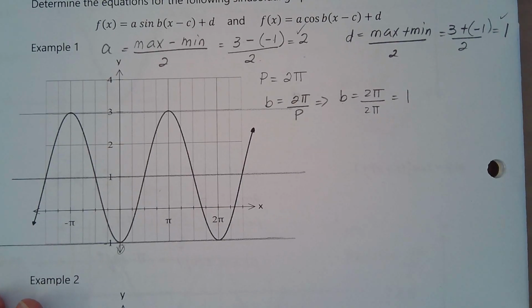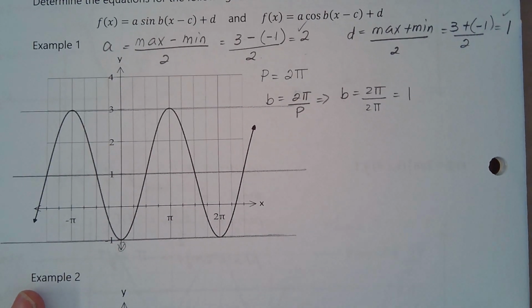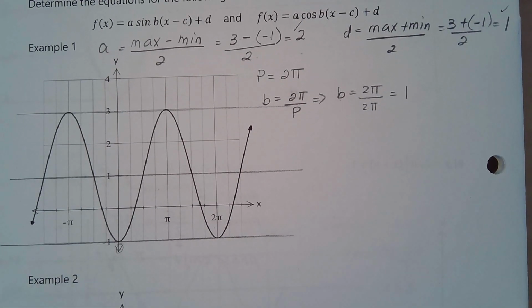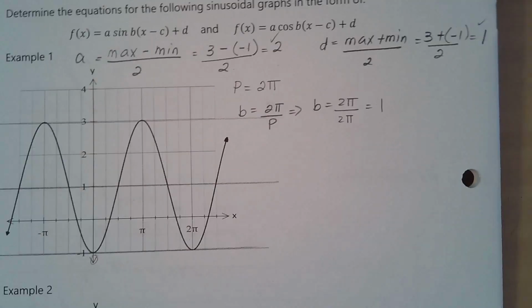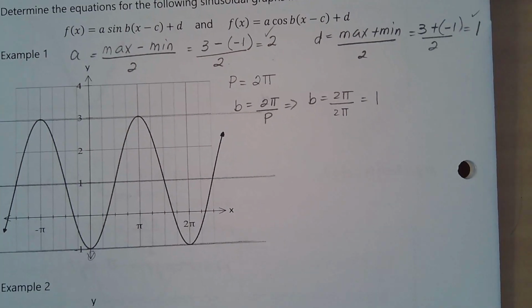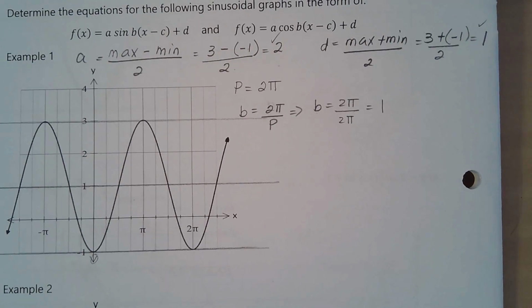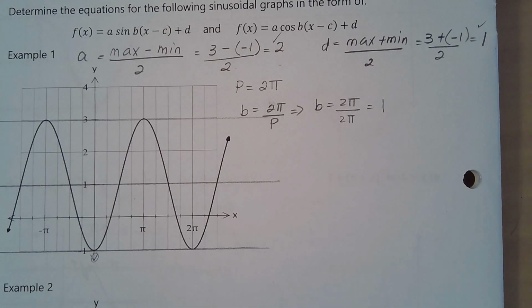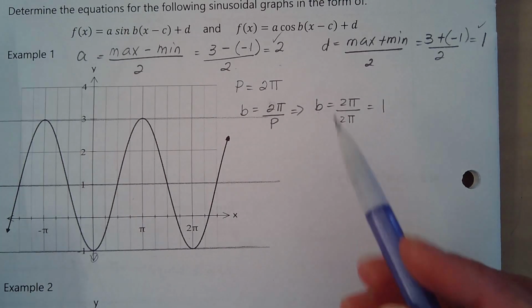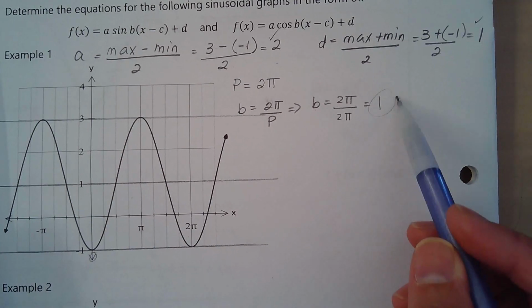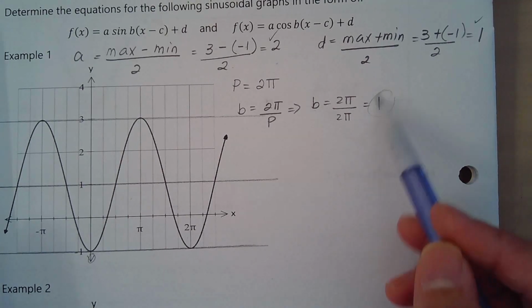Okay, so what do we have so far? We figured out the amplitude. We figured out the median line, which is the D. We figured out the B. B is 1.